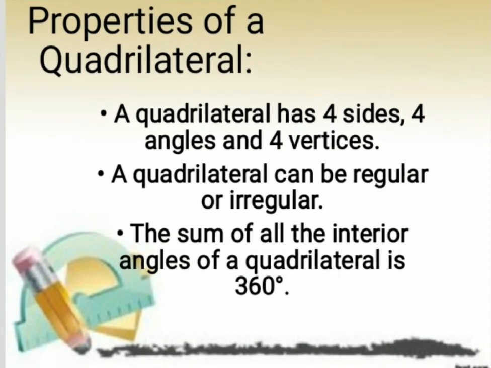Next, the properties of quadrilateral. First, a quadrilateral has 4 sides, 4 angles, and 4 vertices. Next, a quadrilateral can be regular or irregular. And lastly, the sum of all the interior angles of a quadrilateral is 360 degrees.